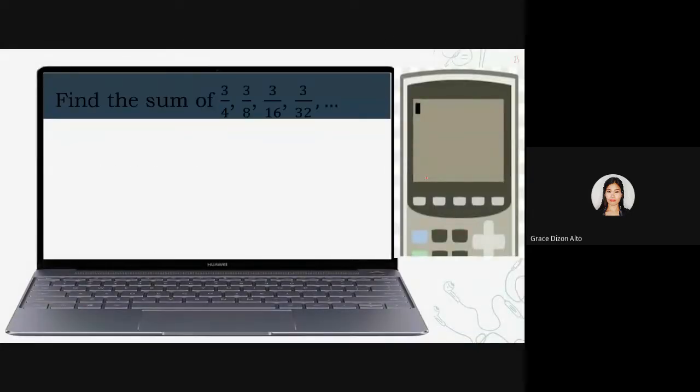Next, find the sum of 3/4, 3/8, 3/16, 3/32. So that's 3/8 divided by 3/4. Okay, so 1/2 is our common ratio. So we can proceed. After proceeding, we can just substitute 3/4 as our first term. 1 minus 1/2 is 1/2. So that's how our solution will look.